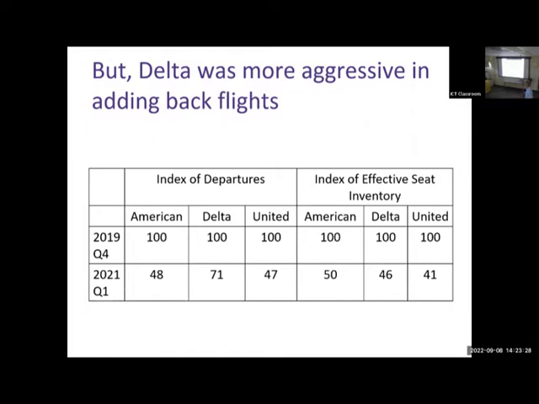If you regard the fact that Delta was certainly not selling certain seats, right? That's certainly true. If we correct in a very crude fashion for that, the effective seating inventory that Delta was putting out was not that different from American and United, a little bit less than American, but certainly more than United. So the argument that what we're seeing was the price going up because you were rationing scarce capacity probably doesn't hold water when you look at the fact that Delta was putting out a whole bunch of extra capacity.